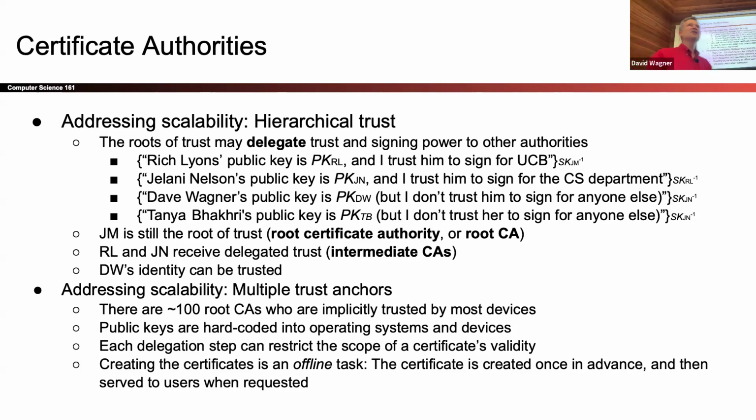And your browser has a list of entities out there that are trusted to issue these certificates. And it has the public keys of all those entities. Those are called certificate authorities, root certificate authorities. And today, most browsers have a list, not just one of those, but maybe 100 of those.